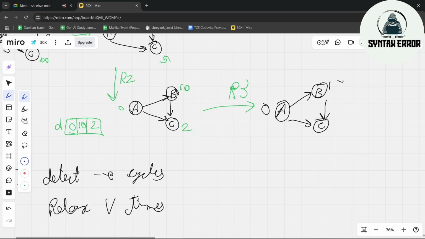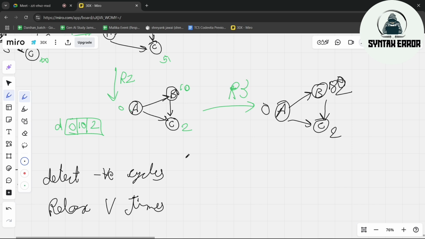So you can see if we go on relaxing n times, n plus 1 times, so many times, we will get the same answer. At that time we are not having any negative cycles. But if by relaxing one more time we get changes in the values, suppose this changed to 8 or this changed to 2 or something, if we see changes in our distances, then we will say that we have negative cycles.